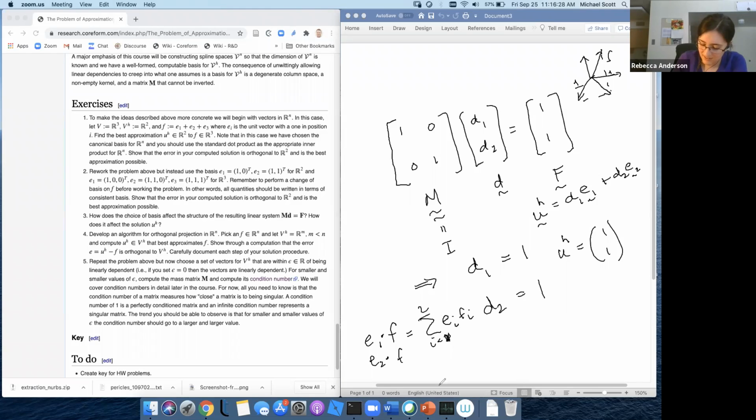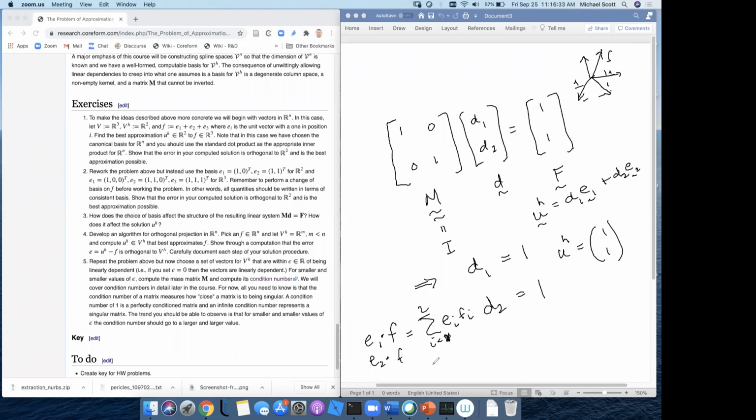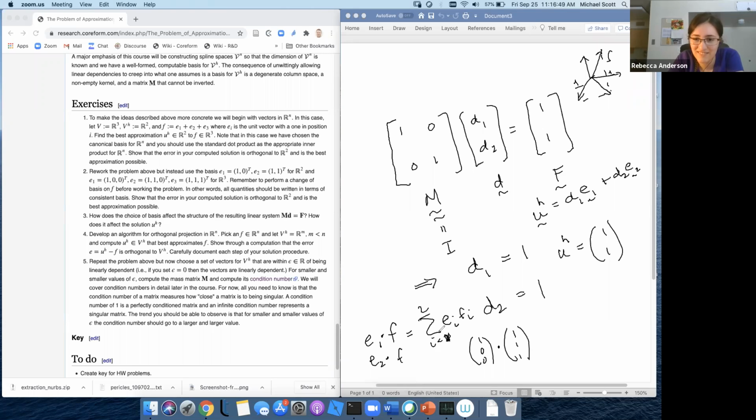Yeah, because it's equivalent to saying that you're dotting EI, but then you add a 0. Essentially there's no component in the third direction. That's the exact same thing. Okay. Yep.